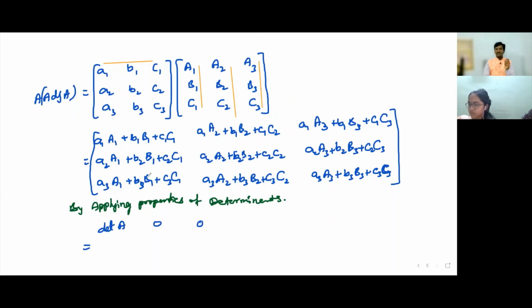Here also the first one is 0, and A2 cofactor of A2, B2 cofactor of B2, C2 cofactor of C2, this is the determinant of A.